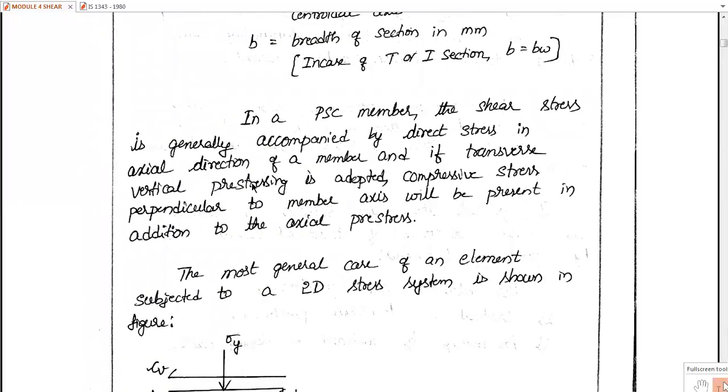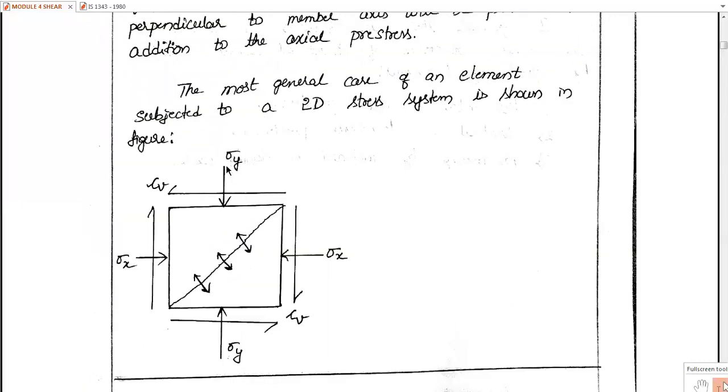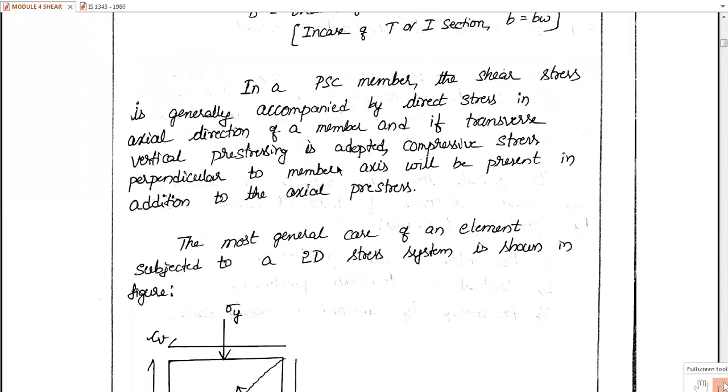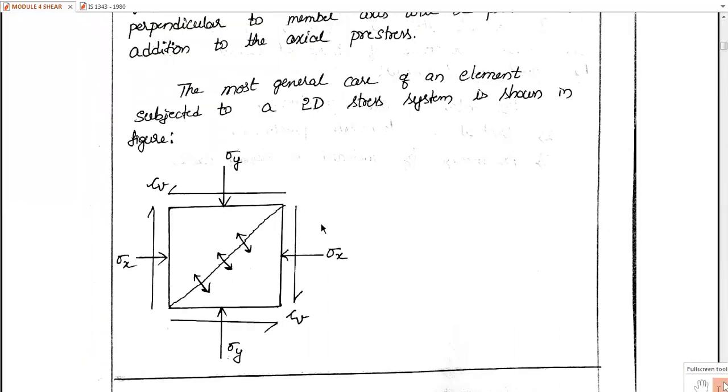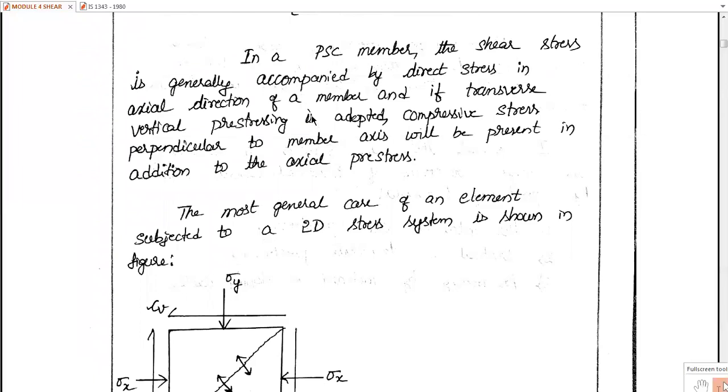And if transverse vertical pre-stressing is adopted, that is sigma y, then the compressive stress perpendicular to the member axis will be present in addition to the axial stress. Sigma x is the axial stress, that is direct stress, and sigma y is the vertical pre-stress in addition to the axial stresses.